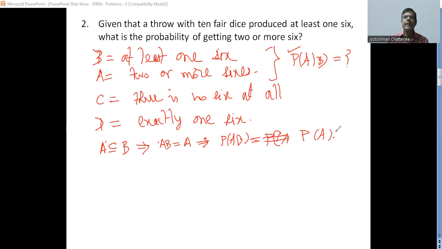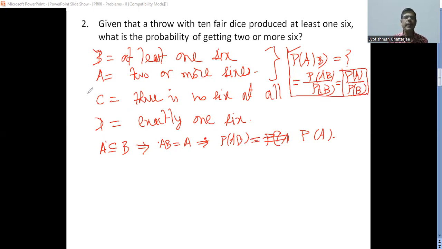That's why it's enough to calculate probability of B and probability of A. Because this is probability of AB by probability of B, and we have already seen probability of AB is nothing but probability of A. So we need to compute these two numbers, numerator as well as the denominator.